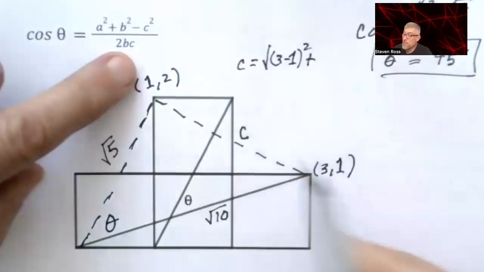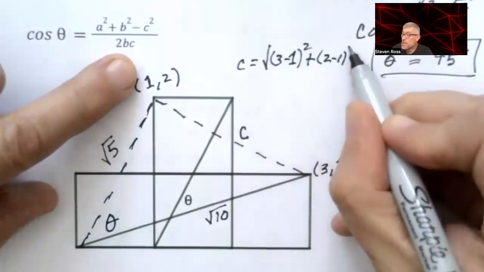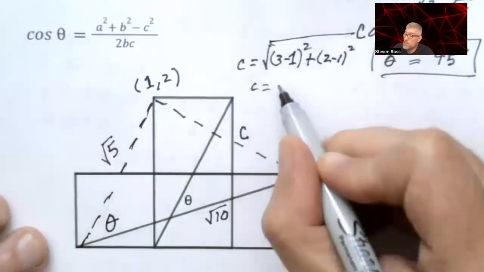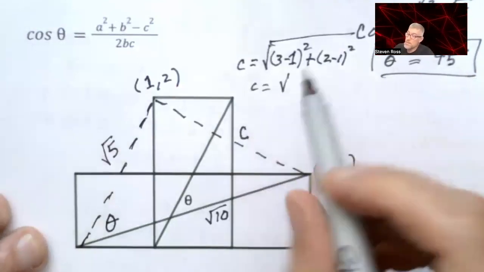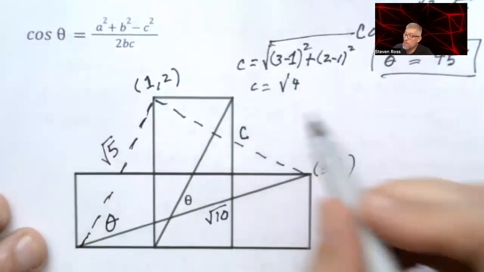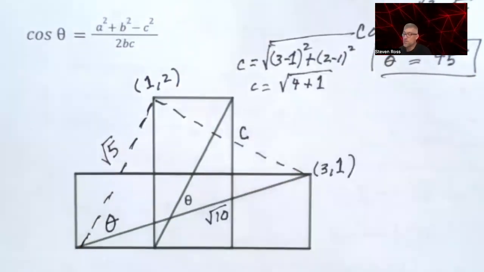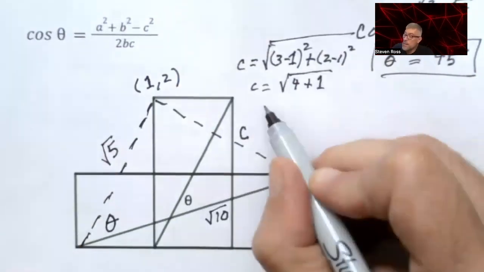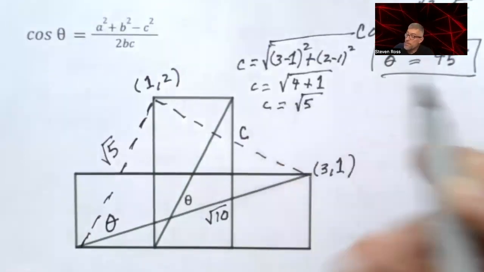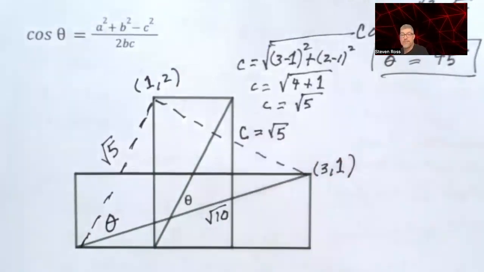And let's go backwards this time. 2 minus 1, squared, plus 2 minus 1, 1 squared, or 1. Just double checking, make sure that that's correct. C is equal to the square root of 5.